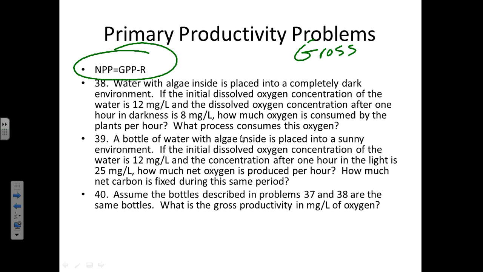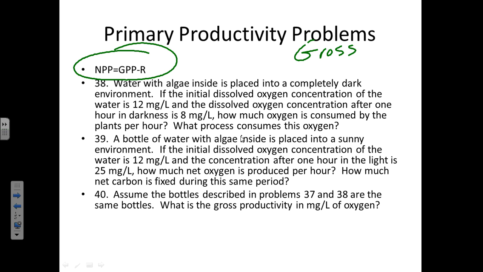Water with algae inside is placed into a completely dark environment. If the initial dissolved oxygen concentration of the water is 12 milligrams per liter, and the dissolved oxygen concentration after an hour is 8 milligrams per liter, how much oxygen is consumed by the plant per hour? Well, if it's in the dark, the plant is only doing what process? It's respiration.